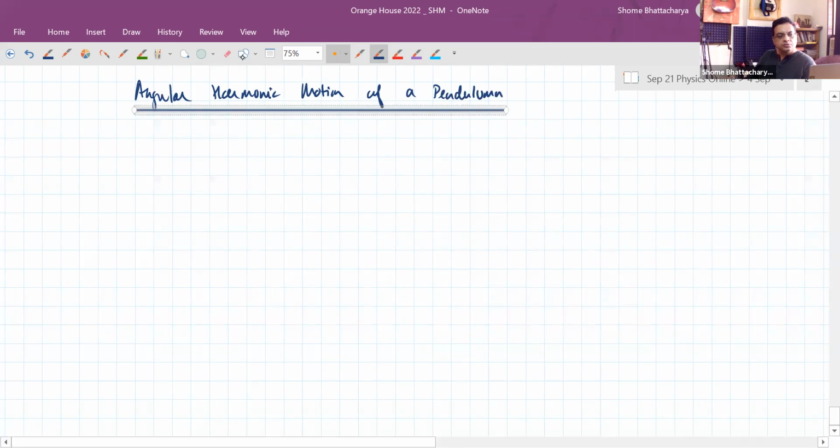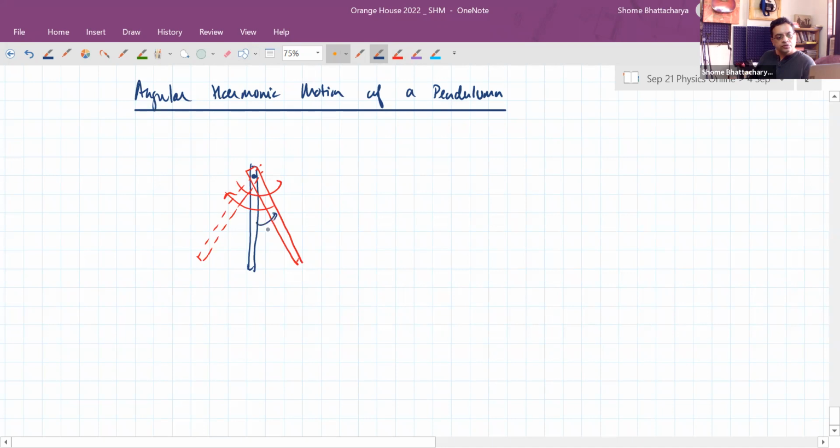So any shaped pendulum, for example, if you have something like a rod which is hinged over here. Now, if it is given an angular displacement, it tends to go back and forth like this, with a fixed time period.